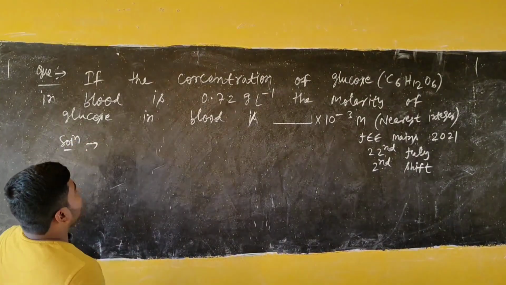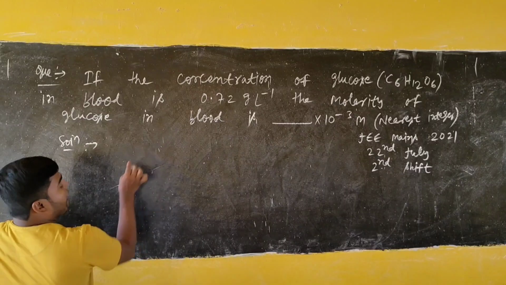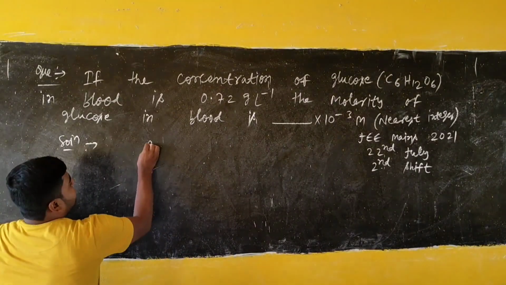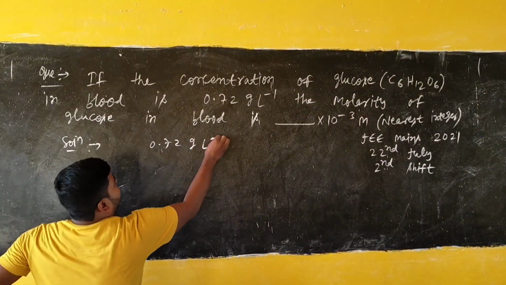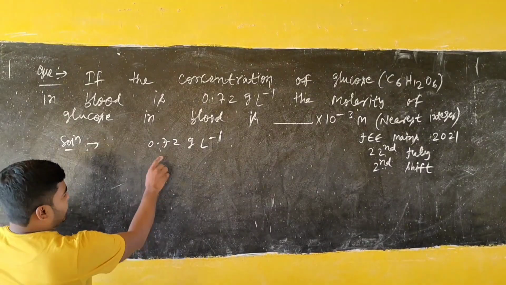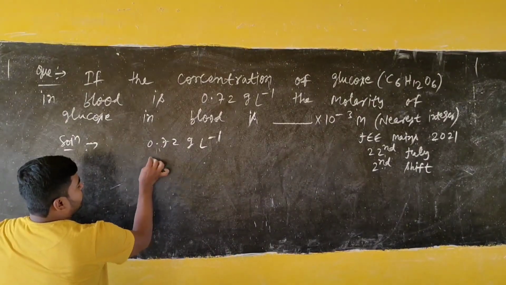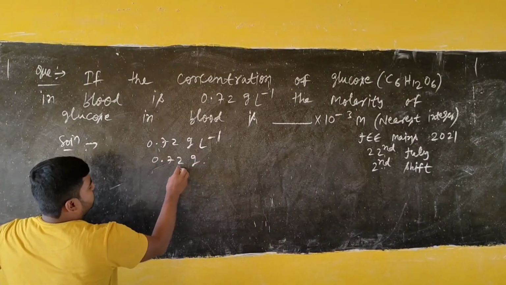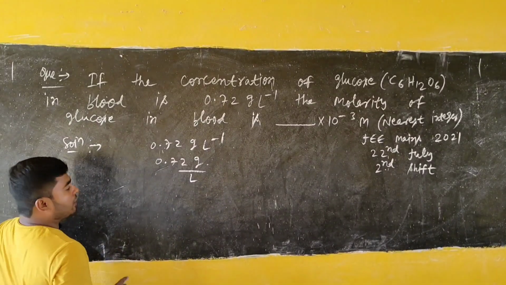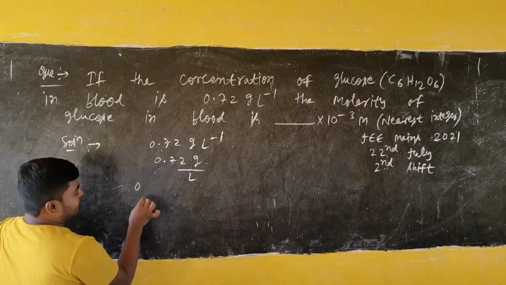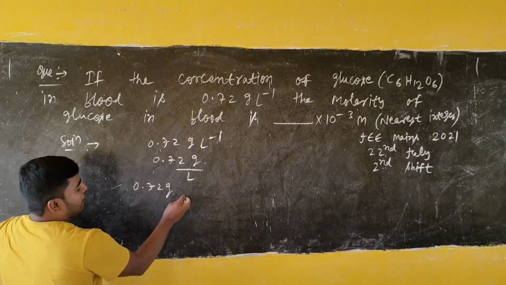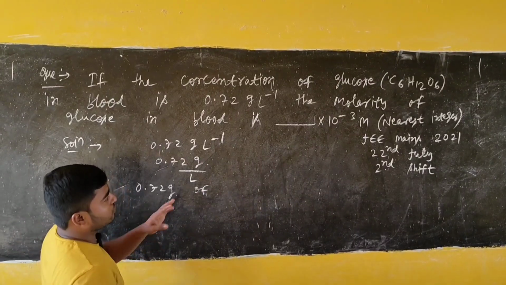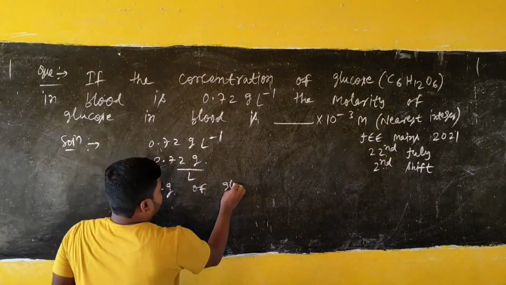In this question, they have given the concentration in terms of gram per liter. So if you read it carefully, gram per liter means that if you write it properly, you can write it as 0.72 gram per liter like this. It means that we can write it as 0.72 grams of solute, where the solute is glucose.